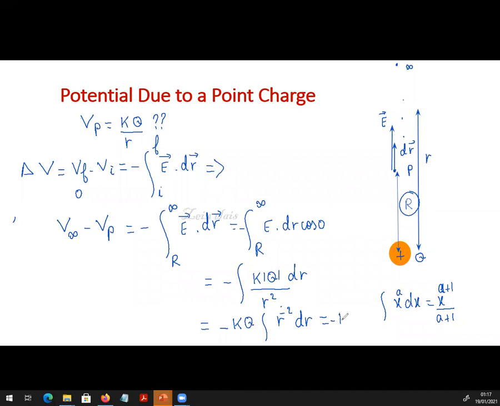So we get the value, don't forget the limits between r and infinity, equals r to the power of minus 2 plus 1 divided by minus 2 plus 1, between r and infinity.